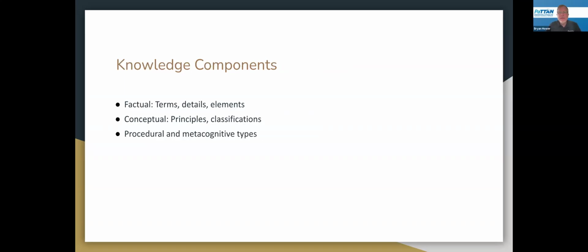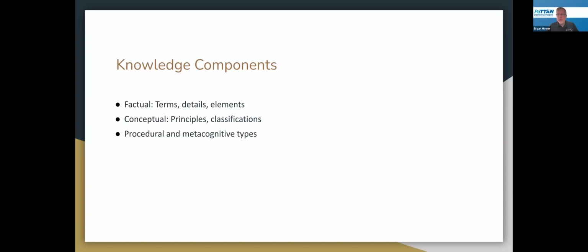Now, when unpacking standards, identify different types of knowledge components. Factual knowledge includes terminology, specific details, and elements, like names of encryption algorithms or types of network attacks. Conceptual knowledge includes classifications, principles, and theories, like understanding the difference between symmetric and asymmetric encryption.